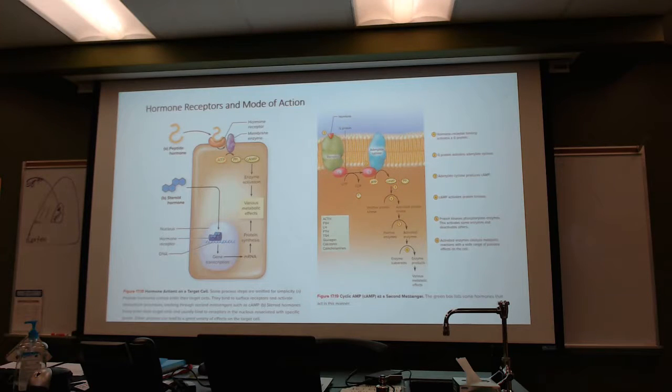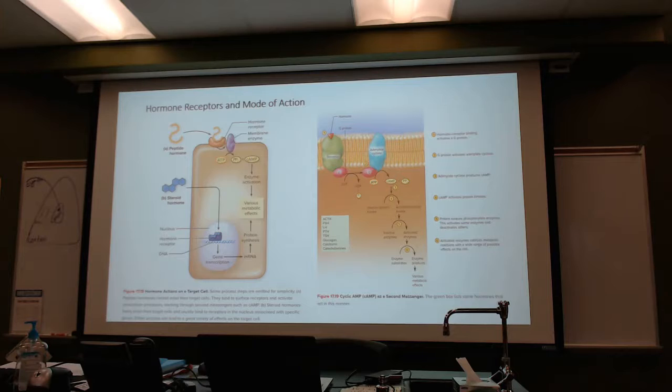Genes code for a protein, and I have now altered my product, which is a protein. This is how we're going to have the hormones alter the action of their target cell.